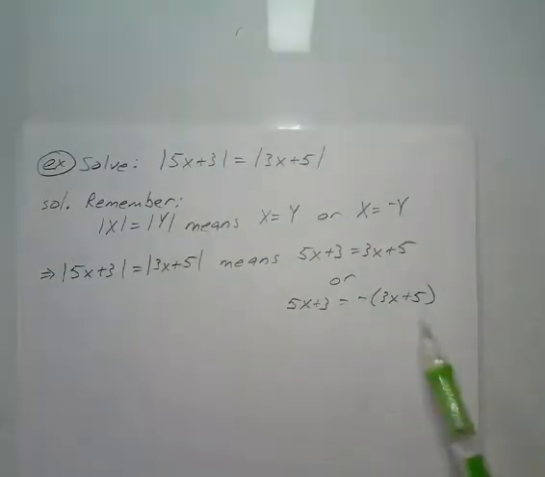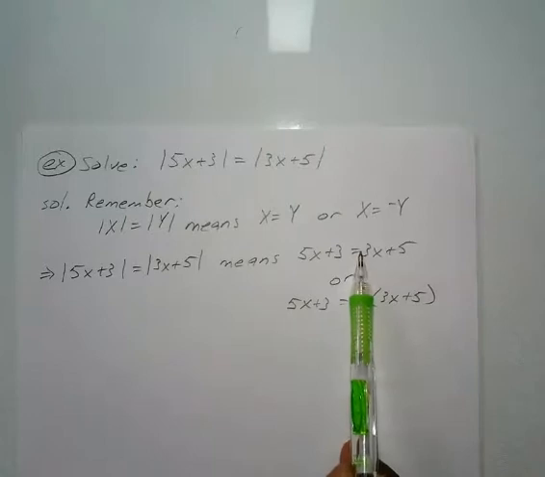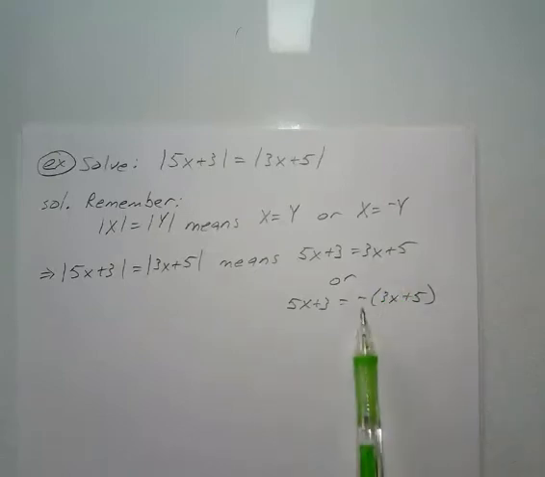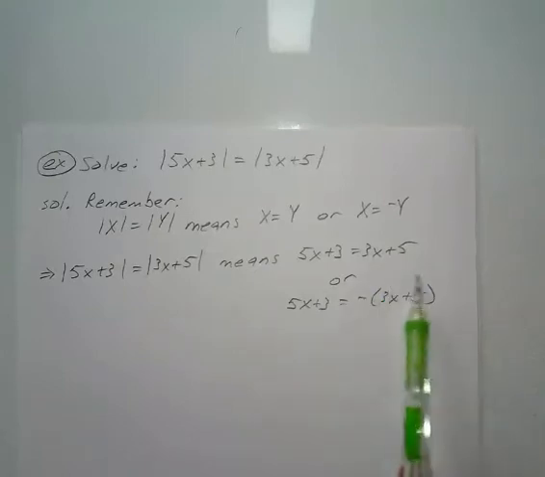Okay, so it's very important to put the parentheses around every term on your right. You want the entire right side. It's the negative of the whole thing. If you just put the negative in front of the 3, you'd get an incorrect answer, because it'd be negative 3x plus 5, and that wouldn't be correct. You want the negative of that entire right side.